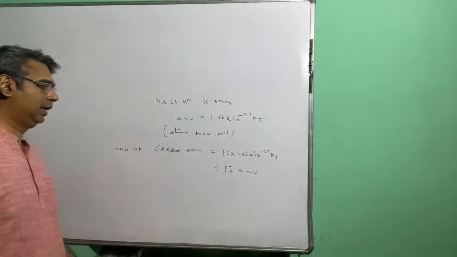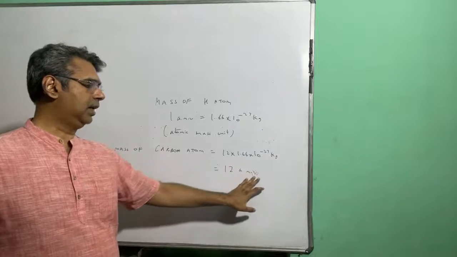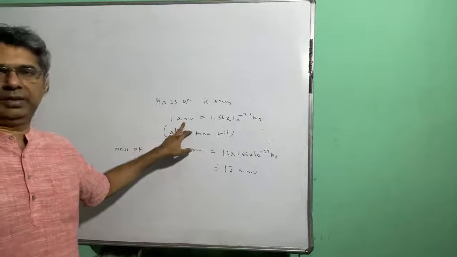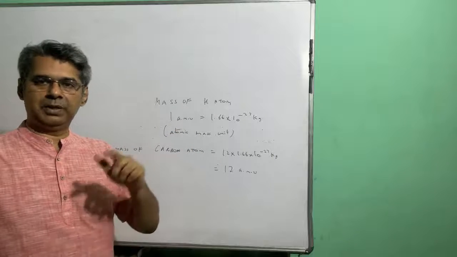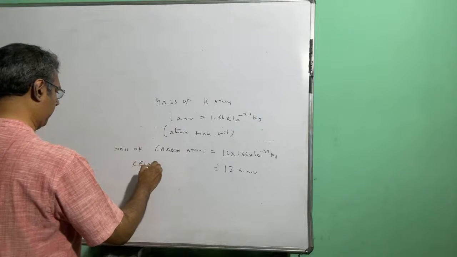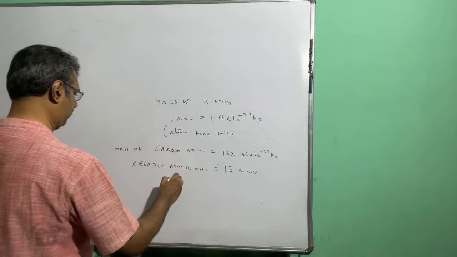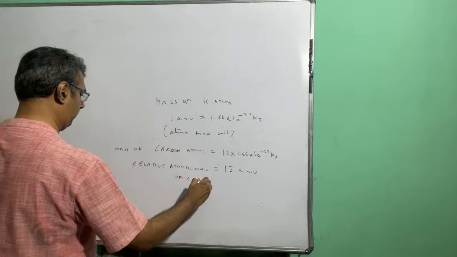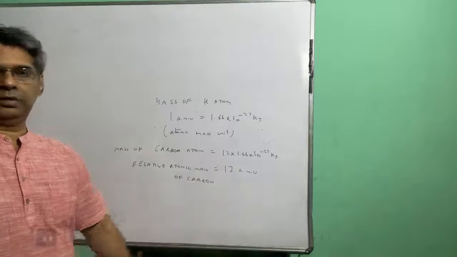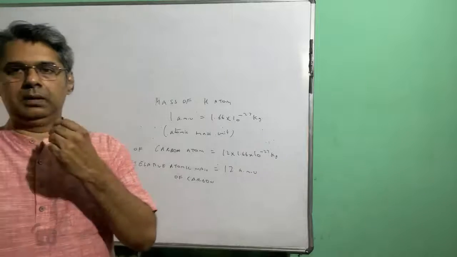That means the mass of carbon atom is equal to 12 AMU. So this mass we are not writing in kg, now we are writing it in AMU. That means the mass of carbon atom is 12 times the mass of hydrogen atom. Because everything is being measured relative to hydrogen, we also call it relative atomic mass of carbon. So 12 AMU automatically becomes the relative atomic mass of carbon.